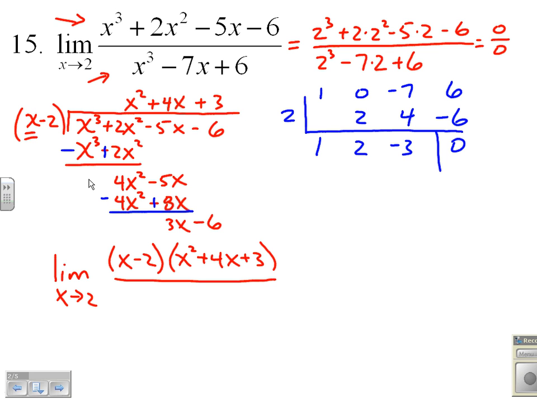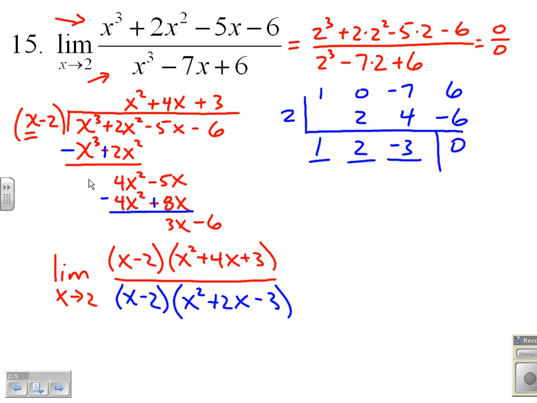Well, we should expect it to work, which means my denominator could factor into x minus 2 and 1x squared plus 2x minus a constant of 3.